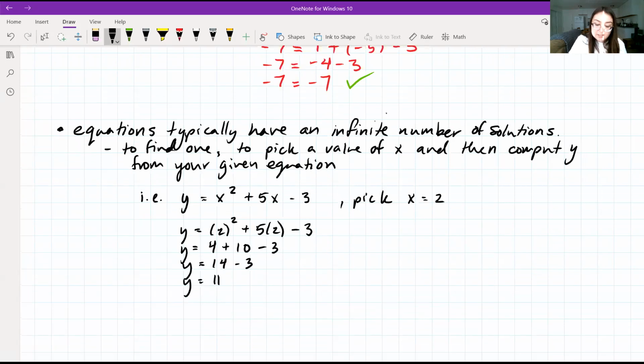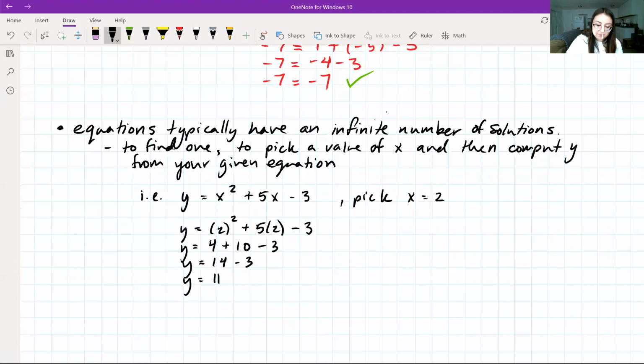So we get that y is equal to 11. So we'll say a solution is (2, 11). So now we found another solution in addition to the solutions that we found from our last example. So now we have an extra solution.